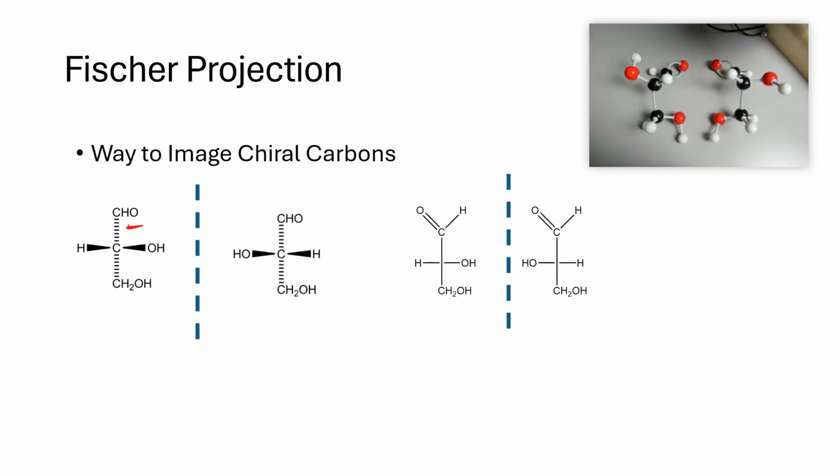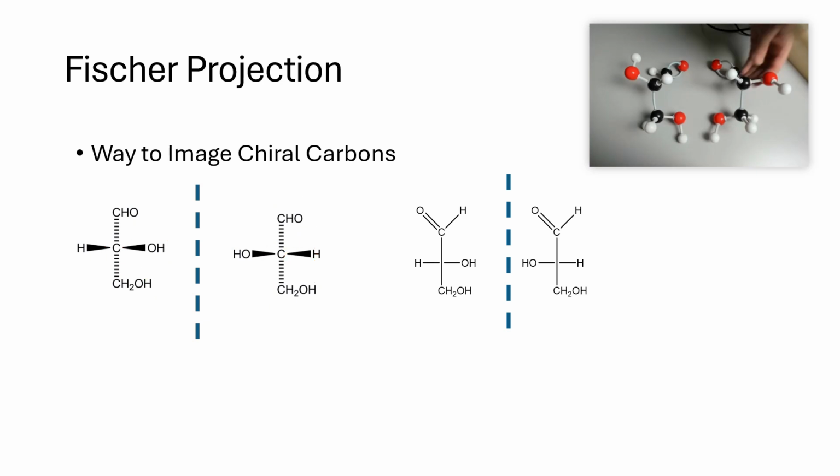Remember that the dashed represents a group going behind the picture, and the wedges are a group coming out towards that observer. In order to be that mirror image, our groups have to be going in the same direction. So this OH and H are both coming towards the observer, and the aldehyde and the alcohol are both going away from that observer.